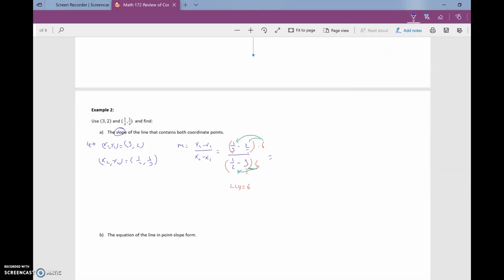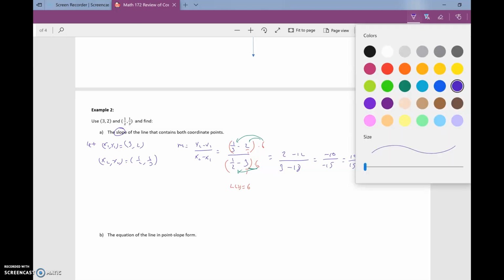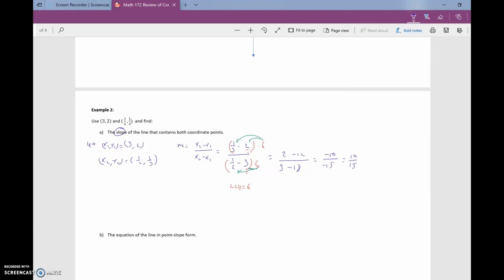So as you multiply the first value, 6 divided by 3 is equal to 2, minus 12 over 6 divided by 2 is equal to 3, minus 18. So we're looking at negative 10 over negative 15, which is equal to 10/15. And actually that's not it, because we could divide by 5.